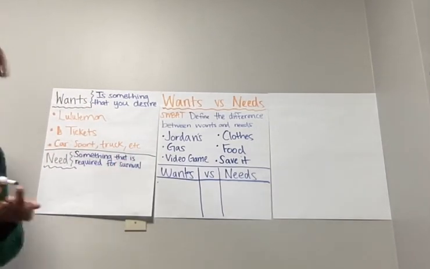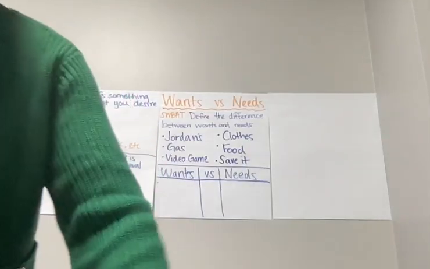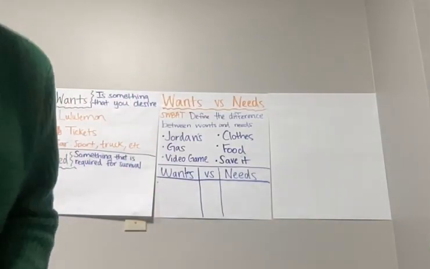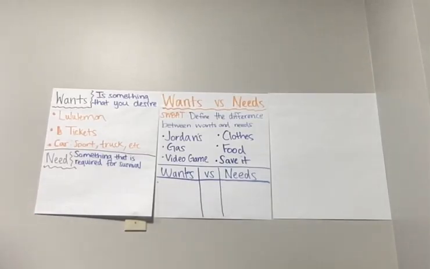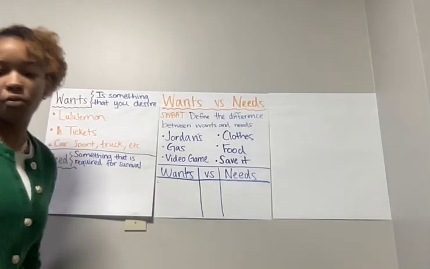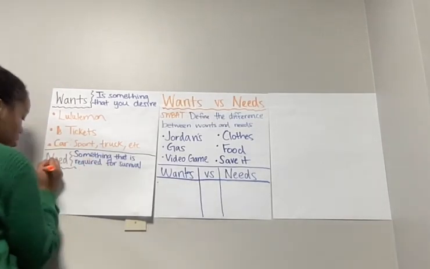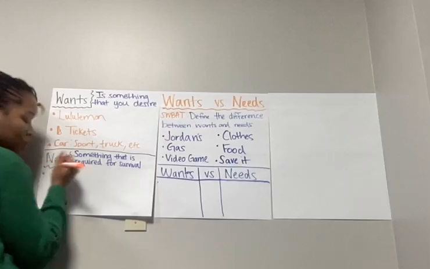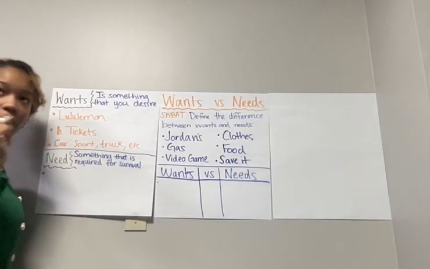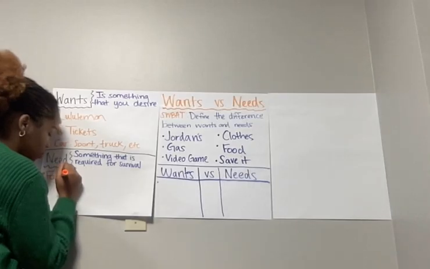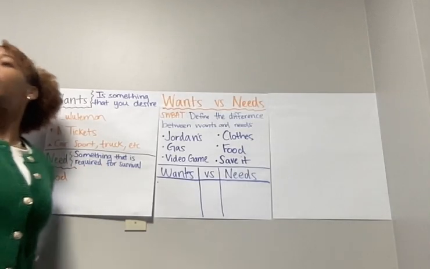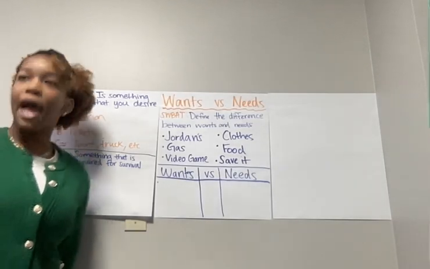Okay, so let's give me some examples of things that we need, okay? Yeah, you guys, we actually said a couple of them earlier, which is, yes, food. Yes. House.